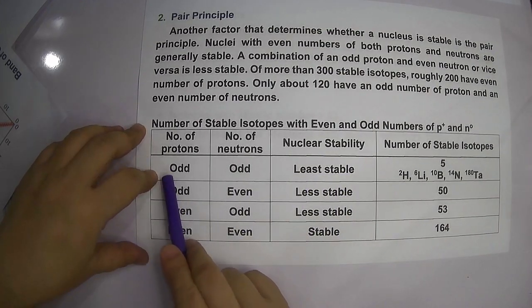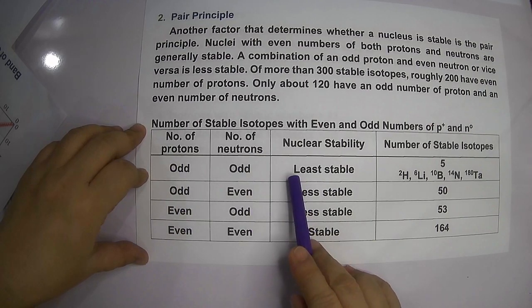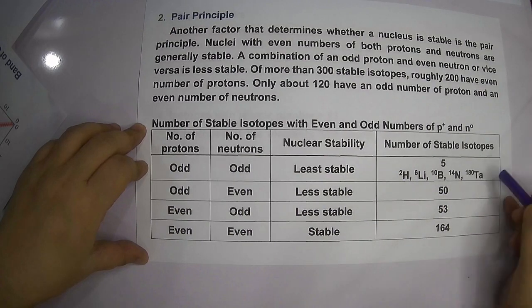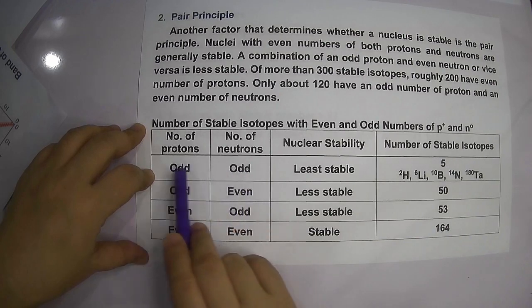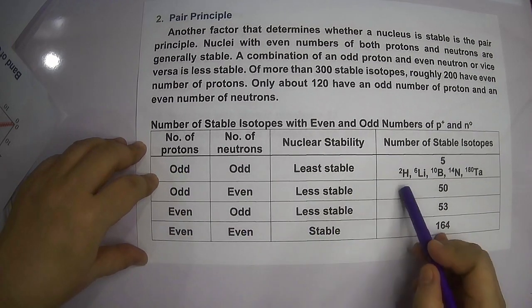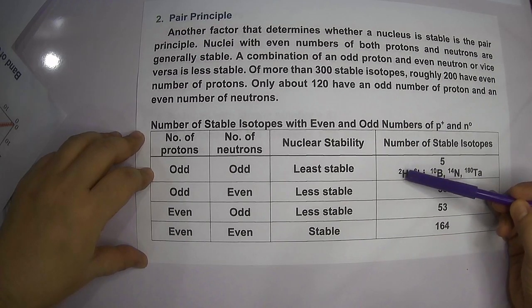When the numbers of protons and neutrons are both odd, they are the least stable nuclei. However, we have 5 stable nuclei that have both odd numbers of neutrons and protons. For example, deuterium, hydrogen, has 1 proton and 1 neutron.